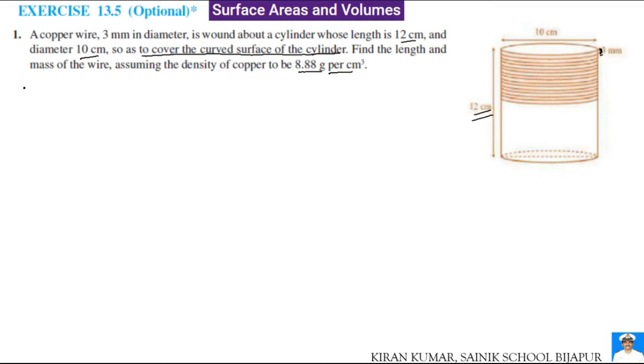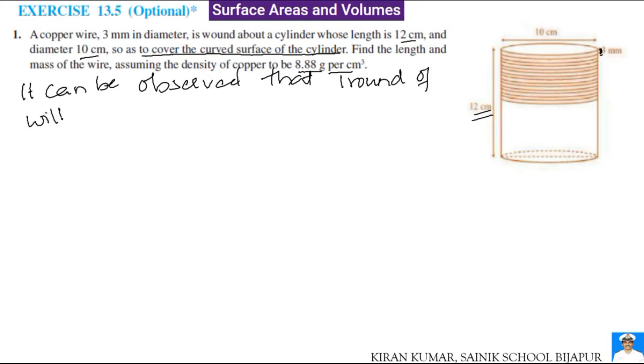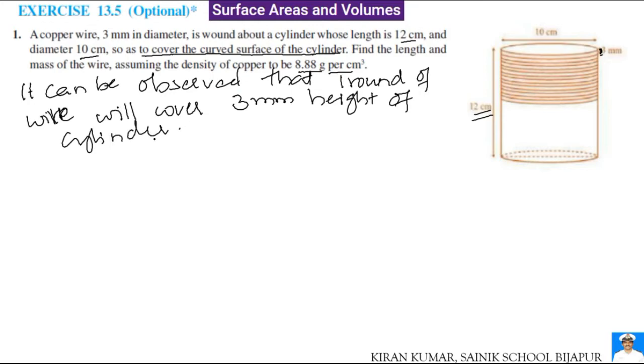It can be observed that one round of wire will cover 3 millimeter height of the cylinder. So we can find out the number of rounds.